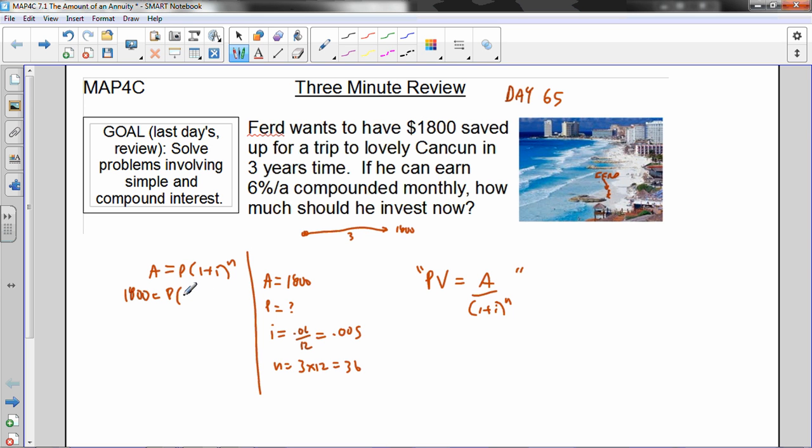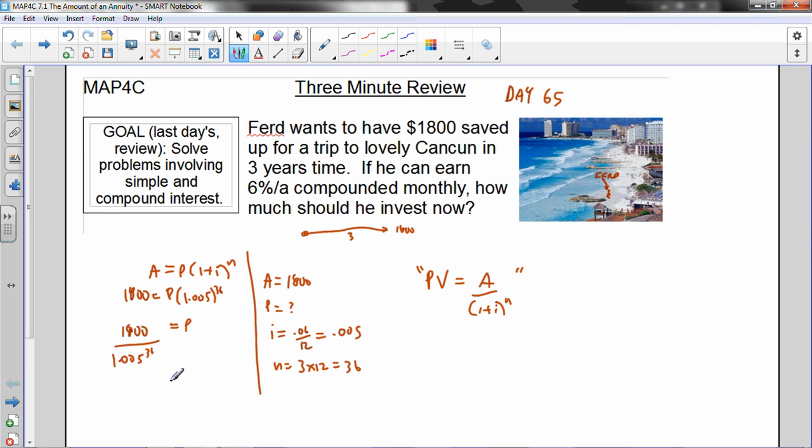All right, we got 1.005 to the exponent 36 here, and then I could actually do that calculation and get the value, or I can divide both sides by that, right, and get 1,800 over 1.005 to the exponent 36.